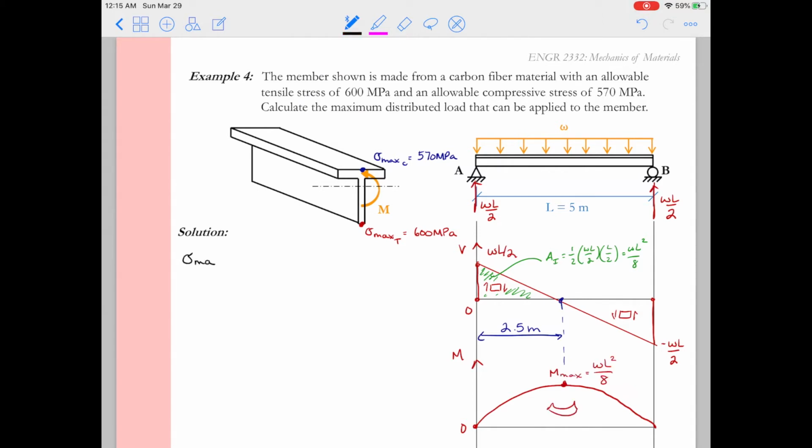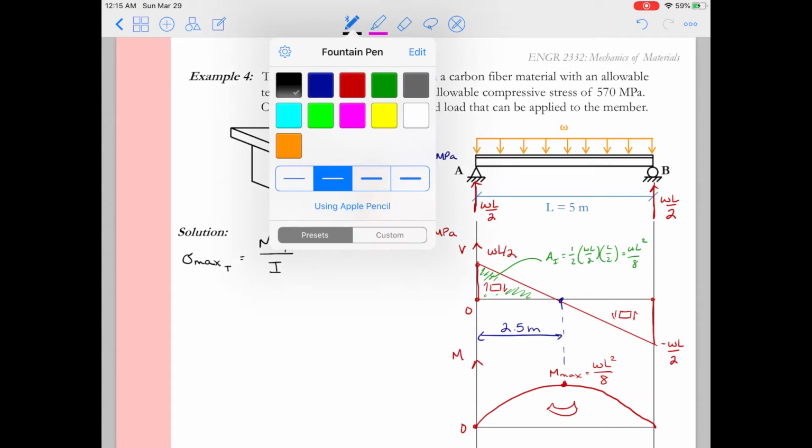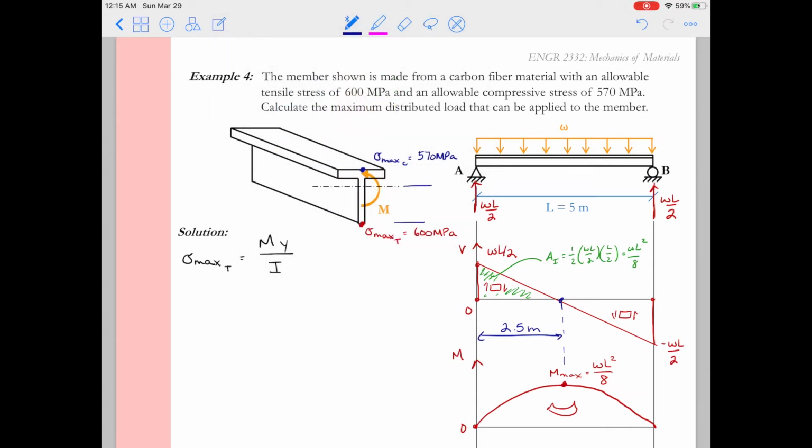We're going to apply the same bending stress formula that we've learned. So that is sigma equals My over I. And I'm just going to write it out for both the tension and compression cases. Again, remember tension is going to occur on the bottom of our beam.